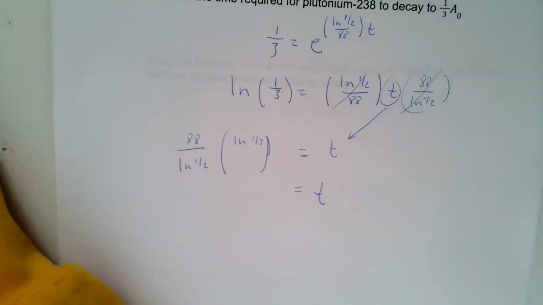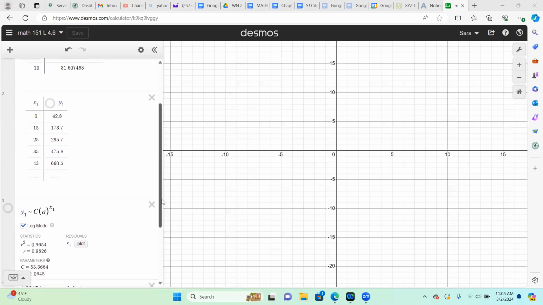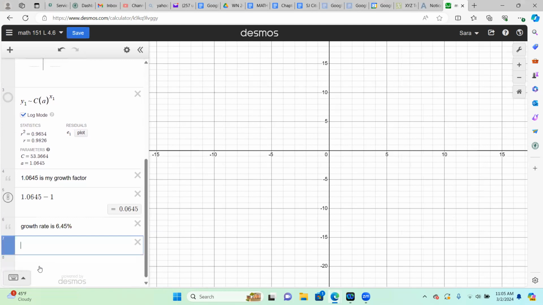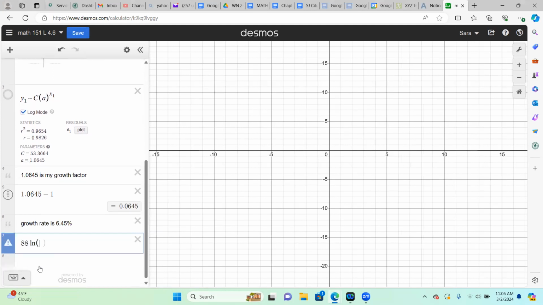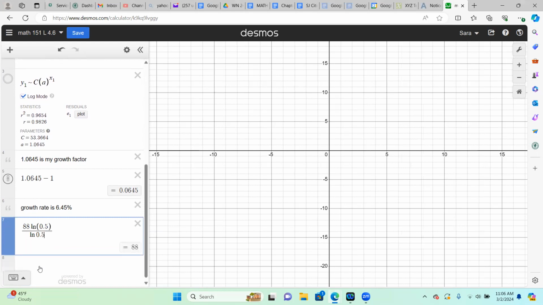Let's put this into Desmos here. So we have 88, the natural log of 0.5 divided by, no, okay. The natural log of 0.5 is in the denominator.